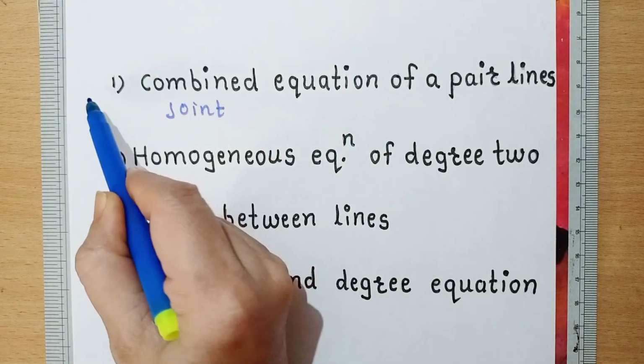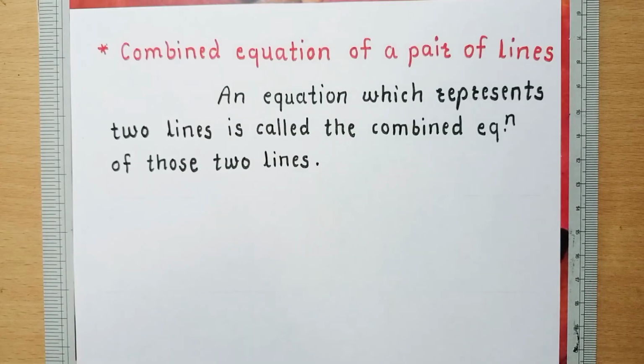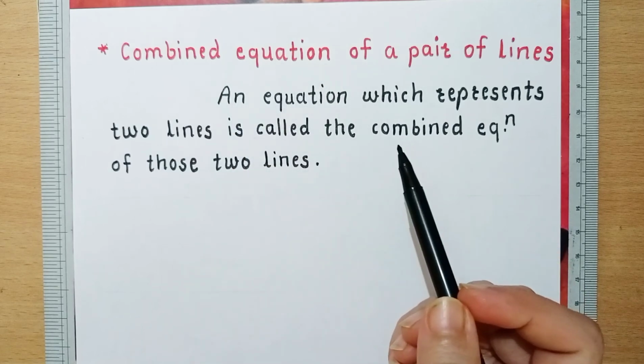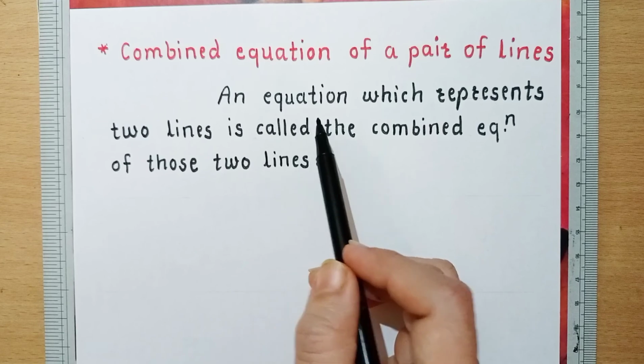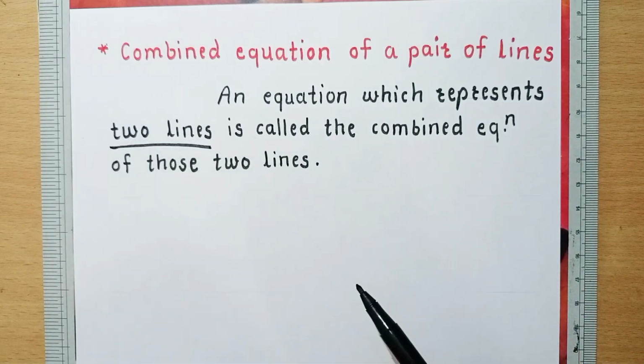So let's start our first point, combined equation of pair of lines. Its definition is: an equation which represents two lines is called the combined equation of lines.